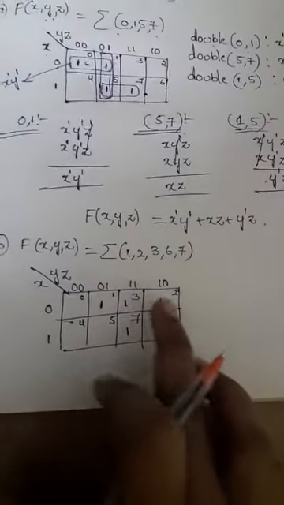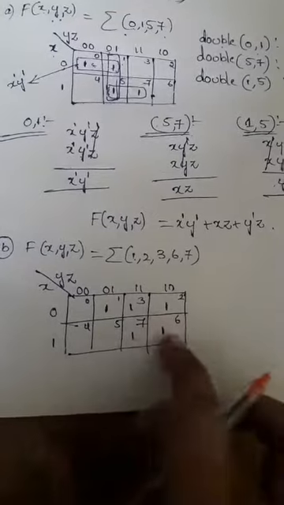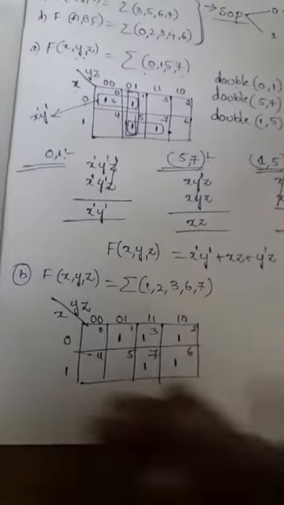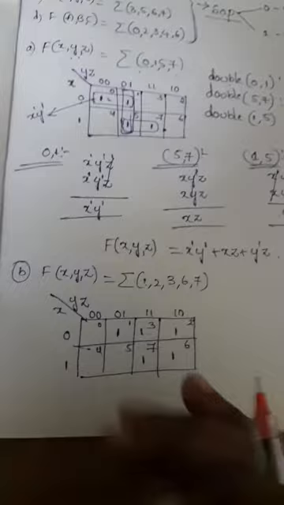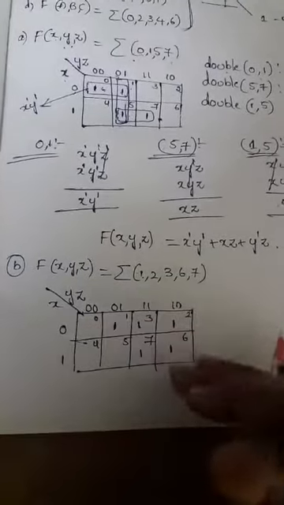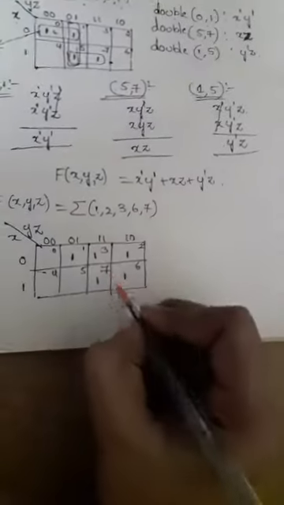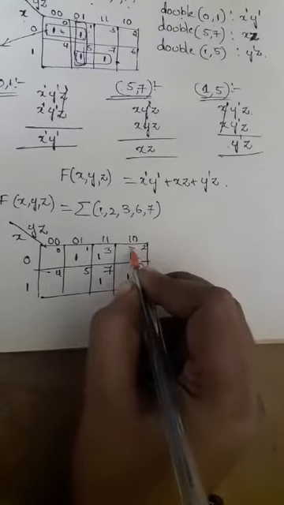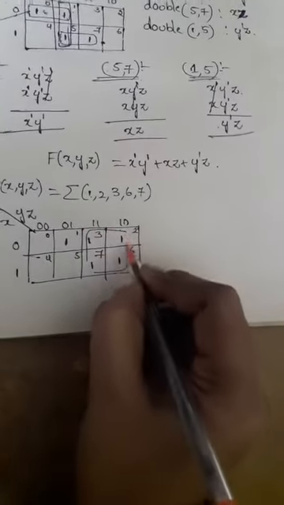So 1 2 3 6 7. After identifying the cells, what do we have to do next? We group the cells. Here directly we can say that we can form 4 adjacent cells, right?